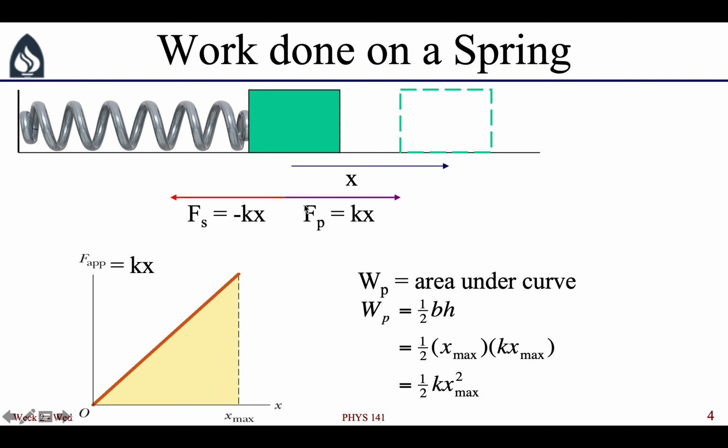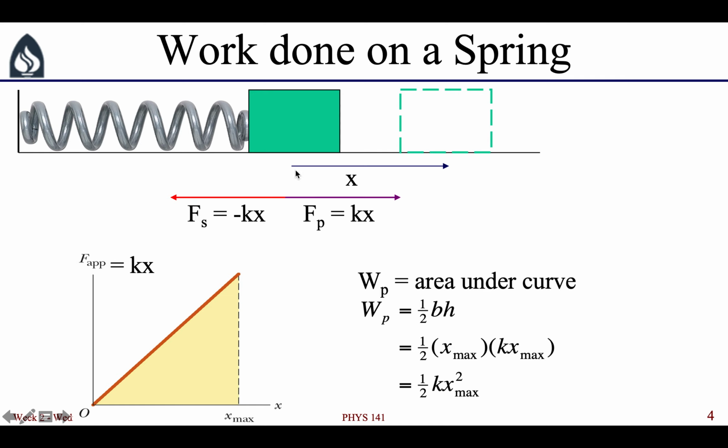So we're going to have to exert a pulling force equal to the spring constant times the displacement, and as the displacement changes, the pulling force that's necessary is also going to change, because we have to balance out this increasing spring resistance force.